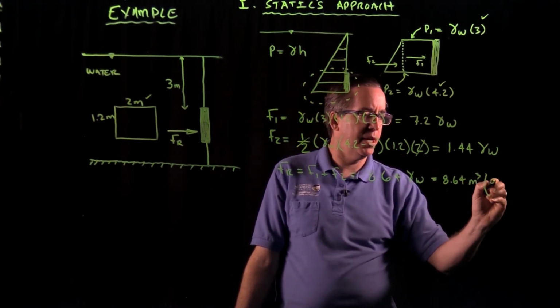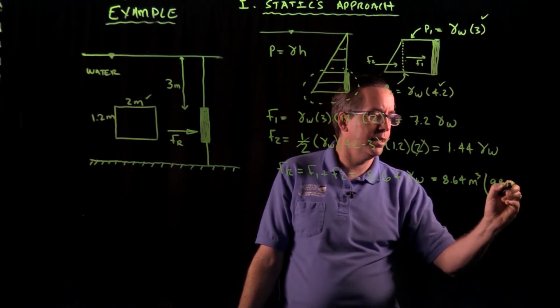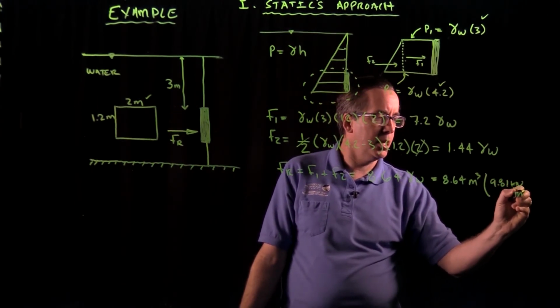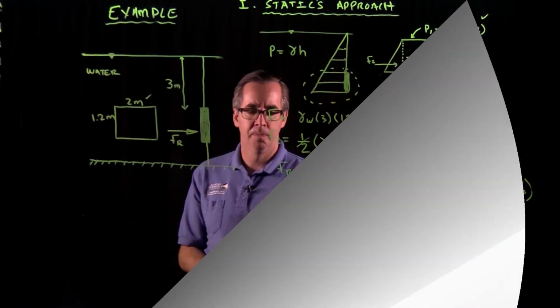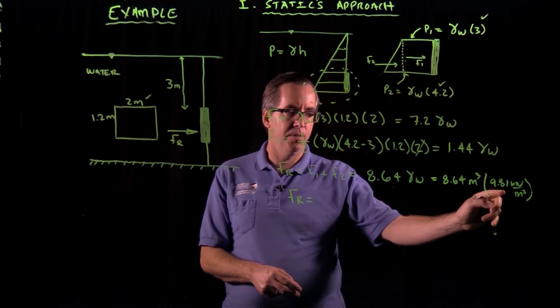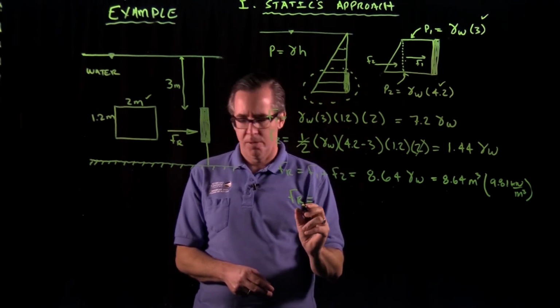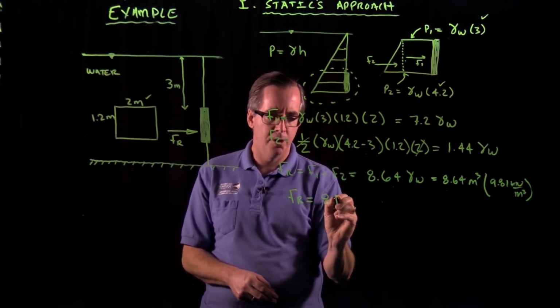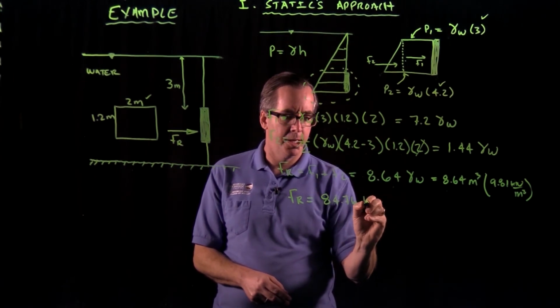Then if we use a value of, say, 9.81 kilonewtons per meter cubed, we calculate the magnitude of that force as 9.81 times 8.64, which comes out to be 84.76 kilonewtons.